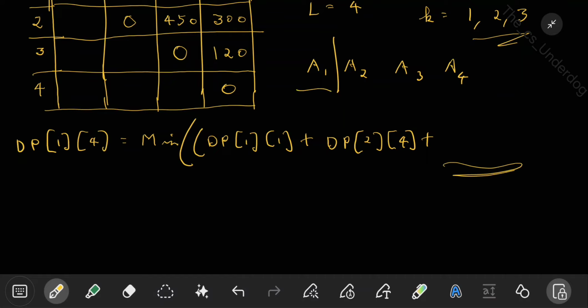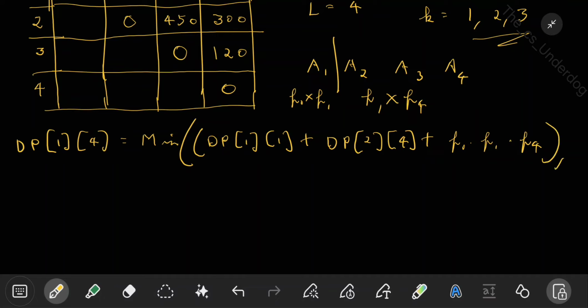After you have A1 and A2, A3, A4, what is the number of scalar multiplications required to find final answer? Size of A1 will be p0 by p1. Size of the result of A2, A3, A4 will be p1 by p4. So what will be the total number of scalar multiplications? It will be p0 into p1 into p4. So this is the first case.